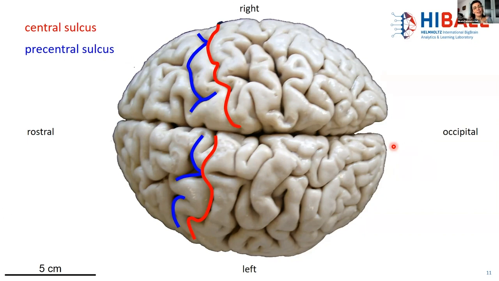The anatomist that named the central sulcus used a lot of imagination. It's called the central sulcus because it's the one that's located approximately in the center of the hemisphere, okay?